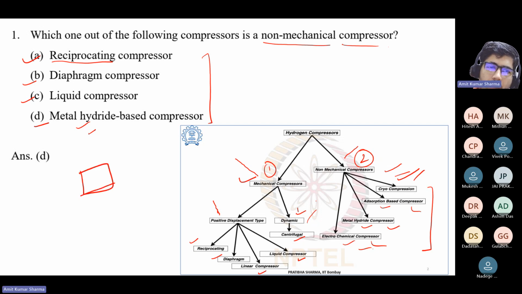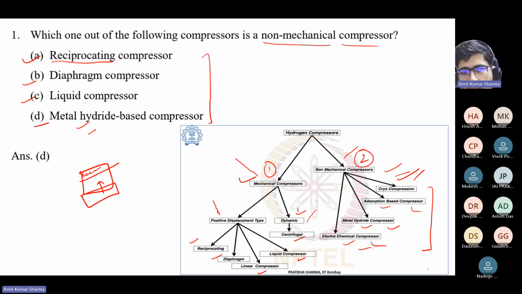You use a piston or a diaphragm or some means to use displacement to reduce the volume, either directly connected through the piston or through oil with a diaphragm.